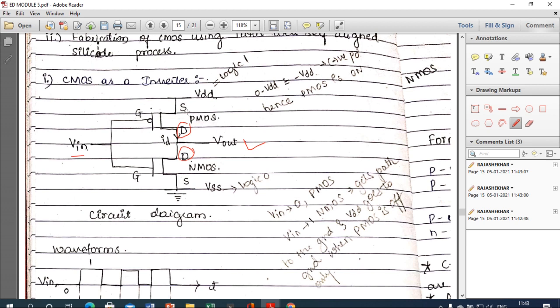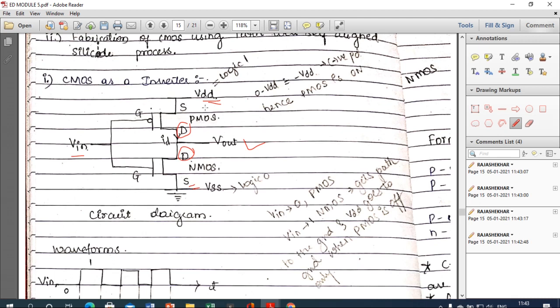The source of the PMOS is connected to the supply voltage VDD and the source of the NMOS is connected to the supply VSS. So this is about the connection of the given inverter.